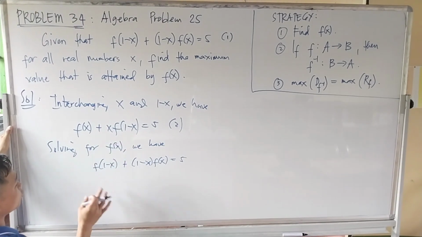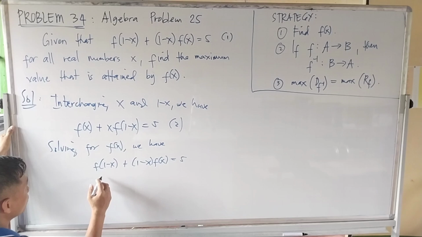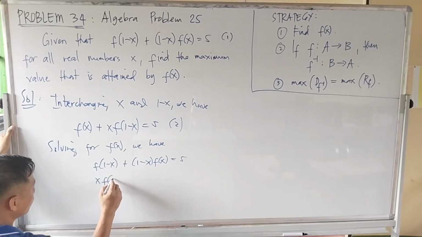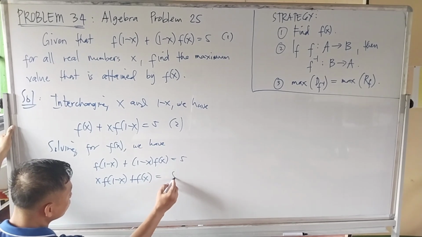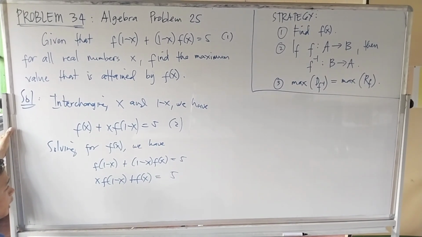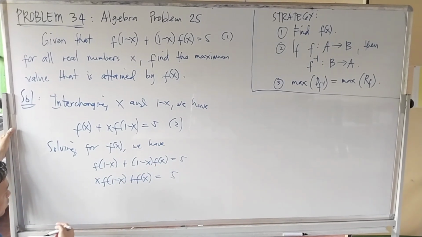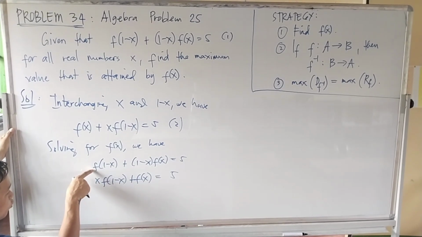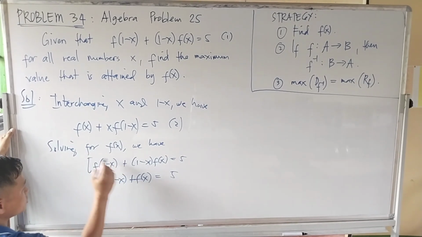And the other one, we're going to commute the expression on the left-hand side, so we now have x times f of 1 minus x plus f of x is equal to 5. Now, to eliminate f of 1 minus x, we need to make the coefficients of f of 1 minus x the same. Since the coefficient here is x, we need to multiply the first recursive function by x.